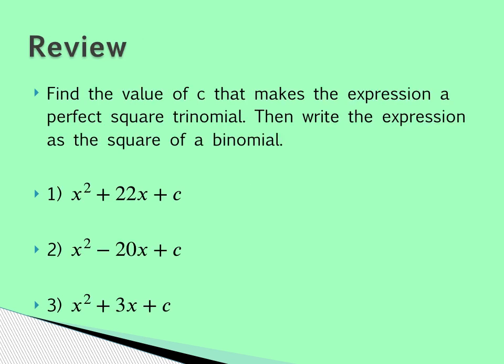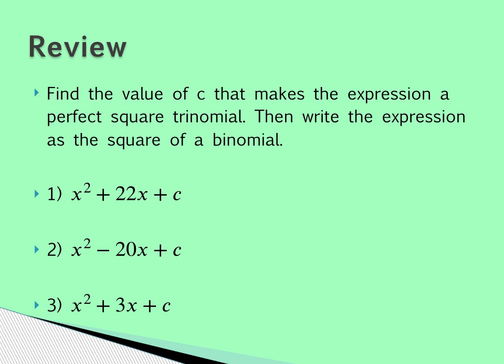Now for the process of completing the square, we use the letter C, but basically we're going to expand upon that perfect square trinomial rule and ask, what would be the value of C that would let us use that rule? What would be a number that is squared, whose square root, if you double it and multiply by the first term, gives you your middle term?